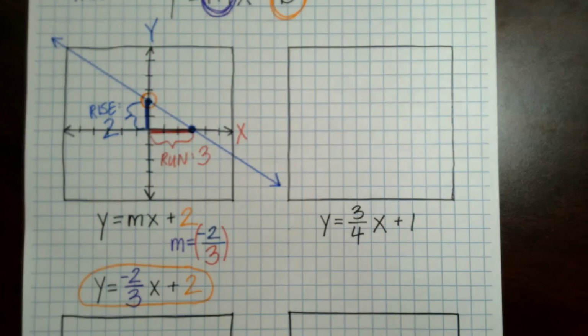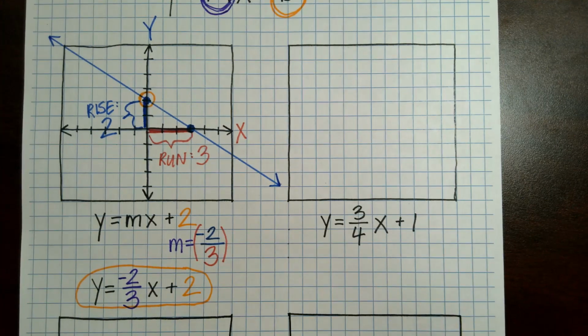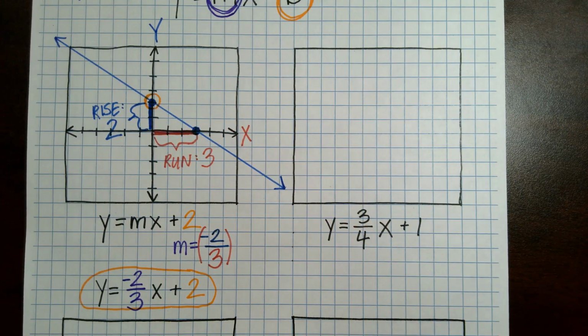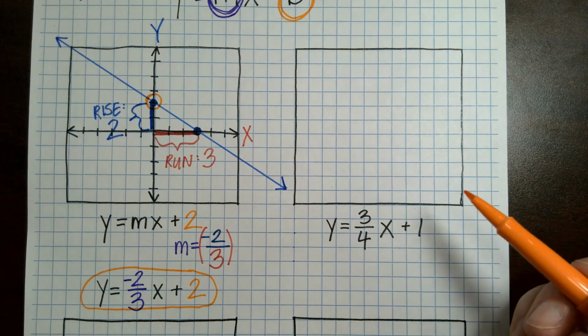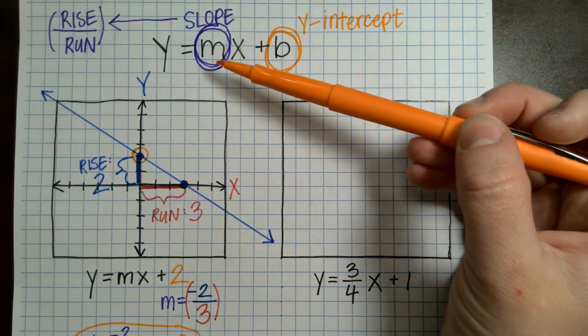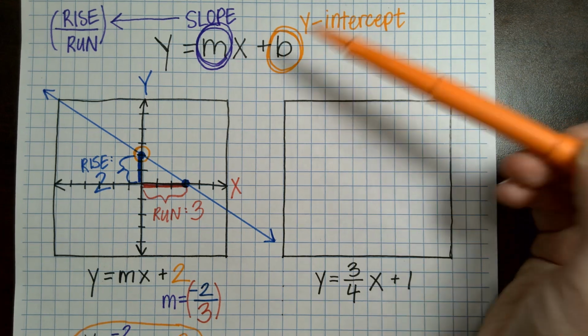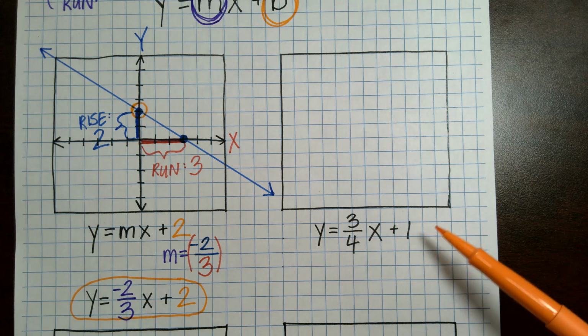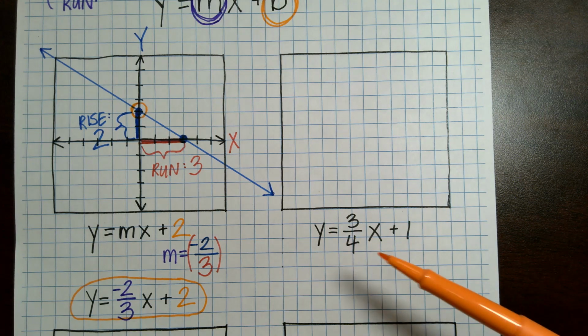So first of all, which number in this equation is my y-intercept, my b? Look up at your key. We've got slope for m, y-intercept for b. Which number is my b, my y-intercept?